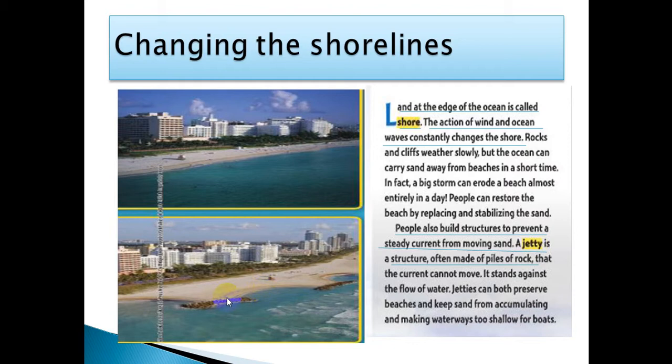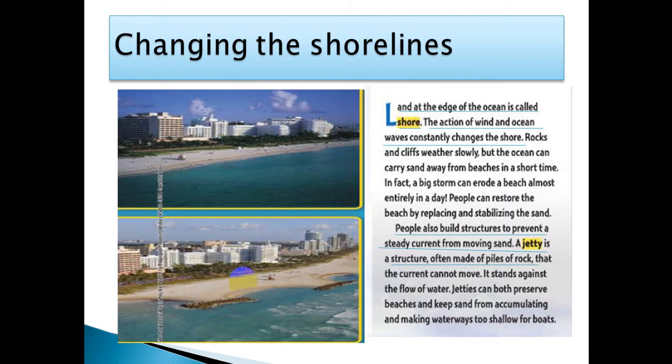They also protect the beach and keep the sand from accumulating and making the waterway too shallow. So to solve the problems of waves and erosion, people can build jetties inside the water.